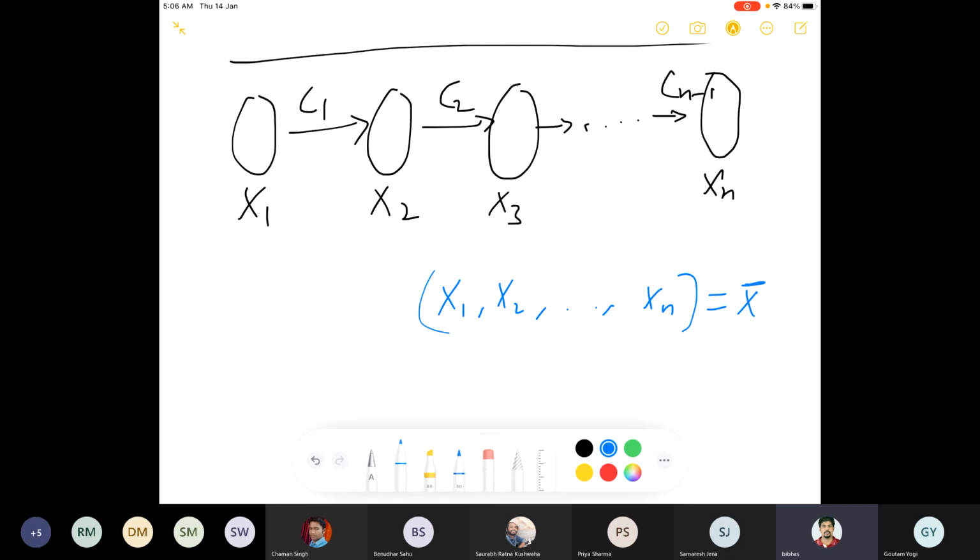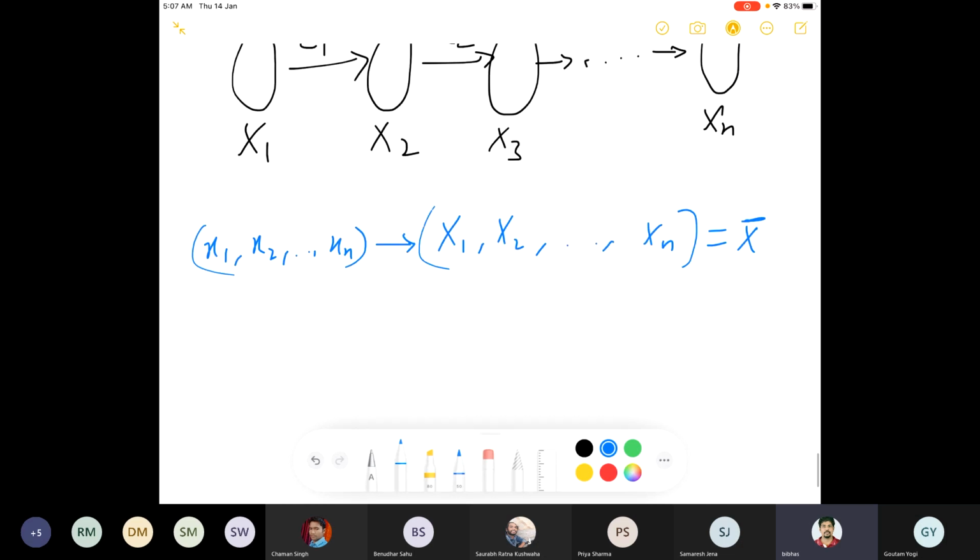Okay, and then what are the outputs? I mean, what are the sample points here? We can say the sample points are like x1, x2, dot dot dot, xn. So let's say these are the sample points, so small x1, small x2, small xn. These are the sample points corresponding to this random vector x.